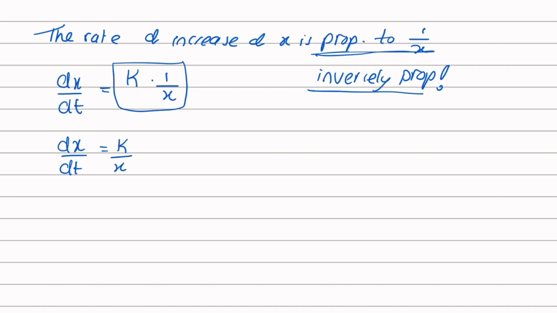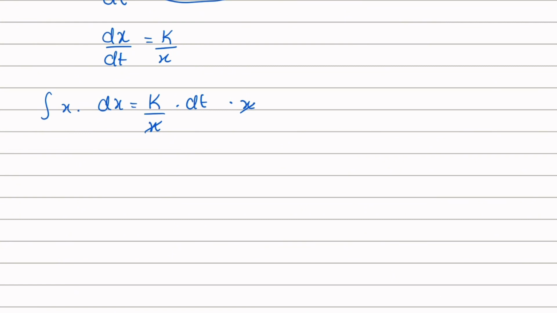To find a general solution for this, we send everything to one side. So send the dt to the other side, multiply by x on either side so that you can cancel it from here, and then you can integrate either side, and you're going to get x squared over 2 being equal to kt plus c, which then becomes x squared being equal to 2kt plus obviously 2c, which can be replaced by a whole other constant like, for example, a.